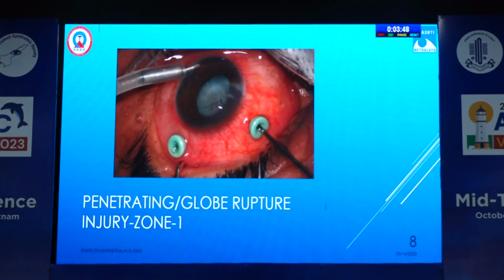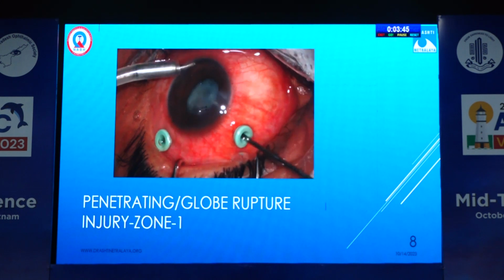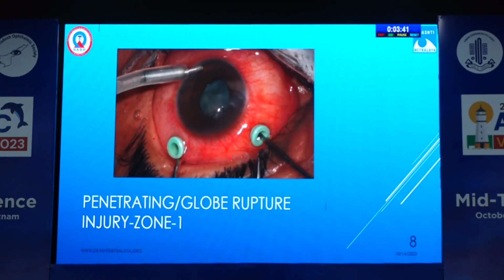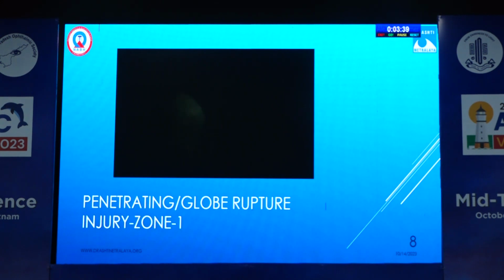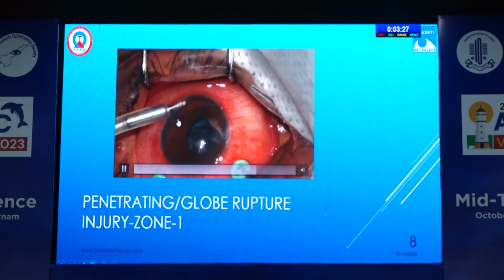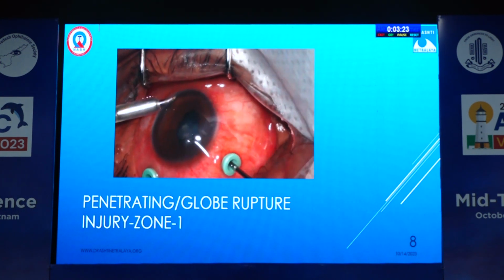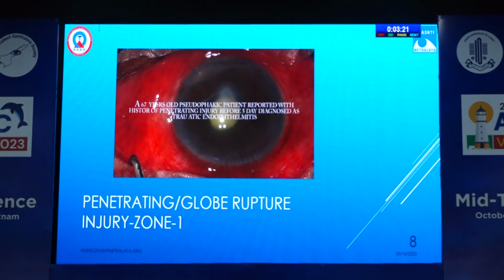This is also a globe rupture, but it was a lens abscess. We thought that only the anterior part of the lens was involved, but after removing it we found it was a full-fledged endophthalmitis, and we had to perform a full vitrectomy, and after cataract surgery the patient regained good vision.